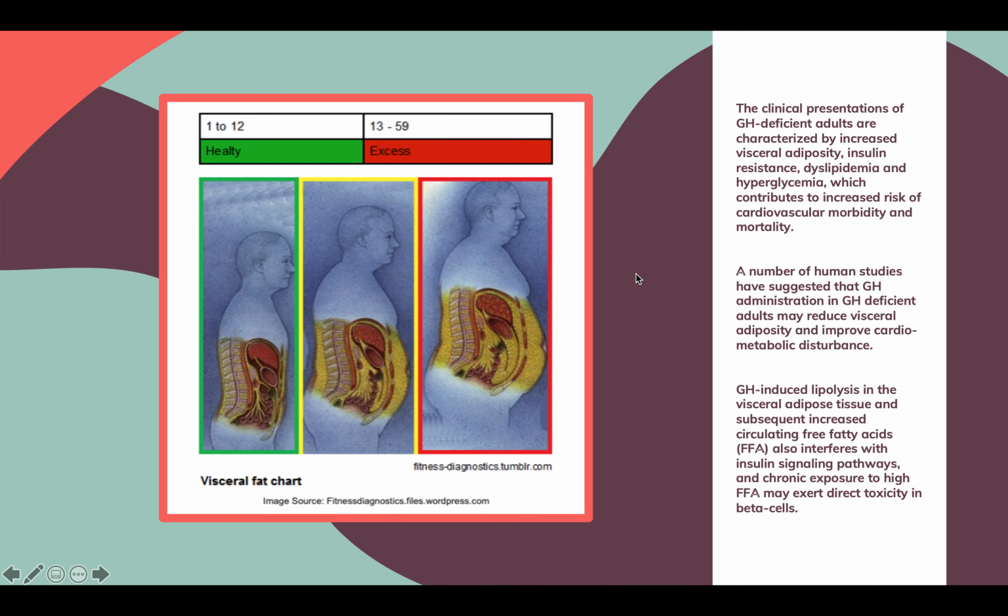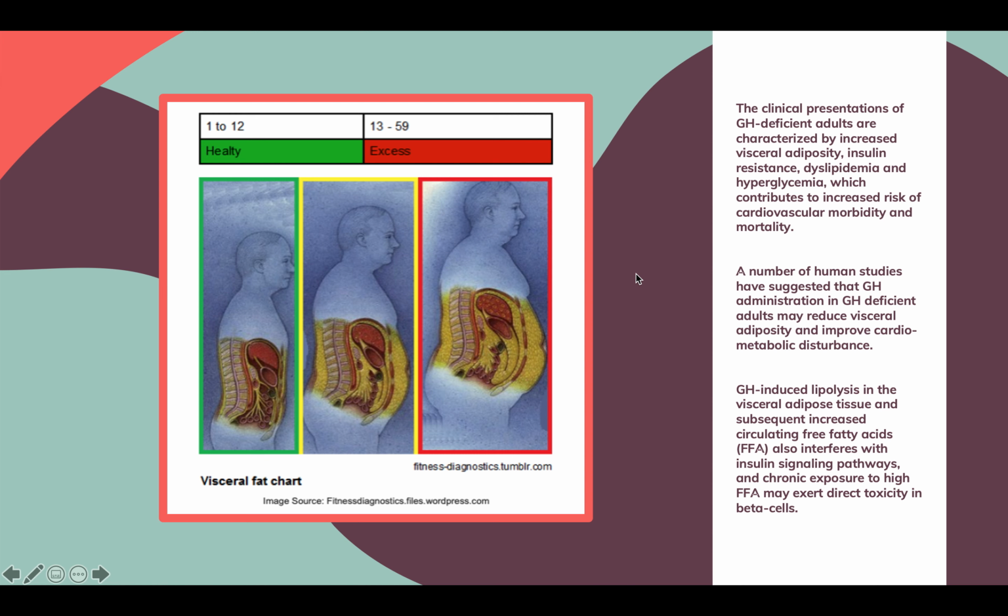The clinical presentations of growth hormone deficient adults are characterized by increased visceral adiposity, insulin resistance, dyslipidemia, and hyperglycemia, which contributes to increased risk of cardiovascular morbidity and mortality. And as I've mentioned, a number of human studies have suggested that growth hormone administration in growth hormone deficient adults may reduce visceral adiposity and improve cardiometabolic disturbance.